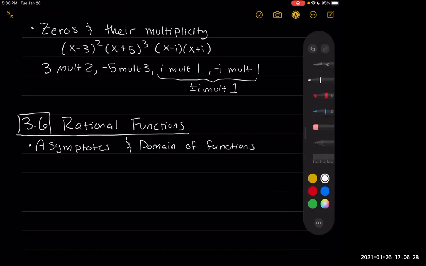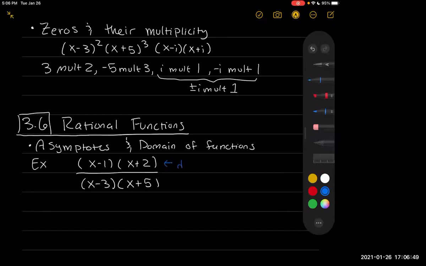All right, so for example, if we have the factored function (x minus 1)(x plus 2) over (x minus 3)(x plus 5), I'm going to write these notes in a different color.